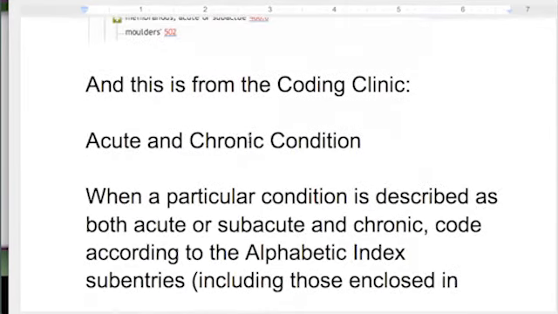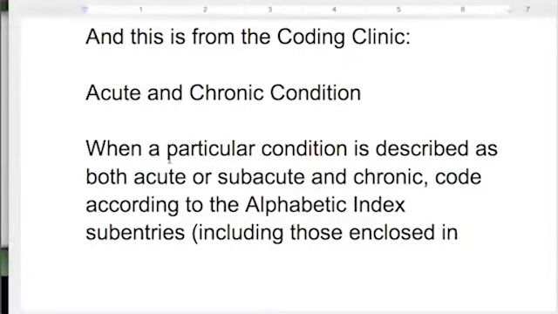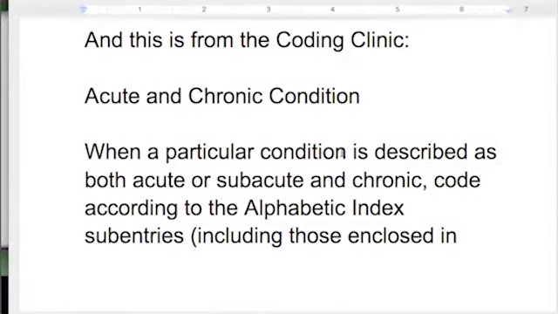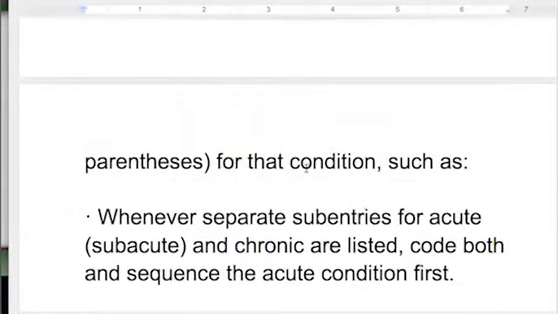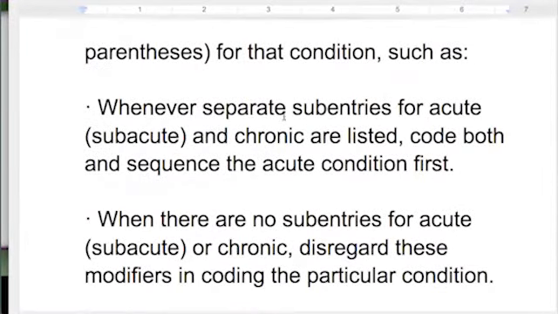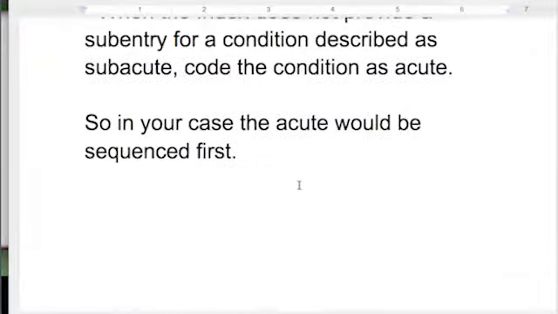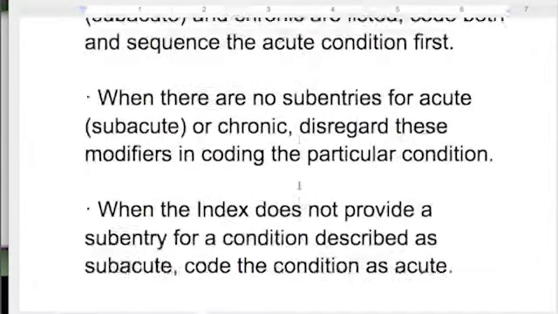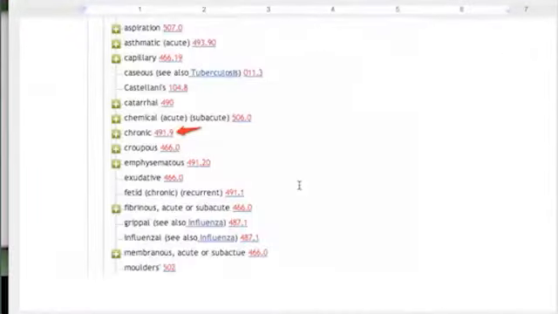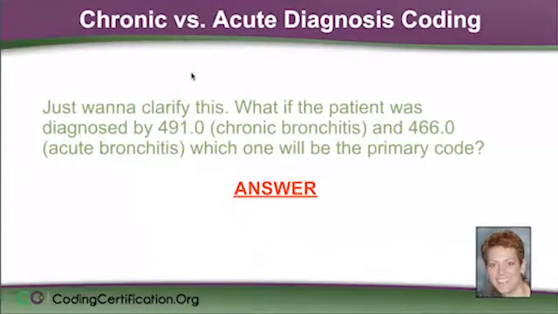I also included from Coding Clinic, which is basically the go-to official resource for ICD, that they further clarified that when a particular condition is described as both, whenever separate subentries are listed at the same level, you sequence the acute condition first. That was pretty much how I did the research. If you have a good tool like Supercoder, it makes it real quick.